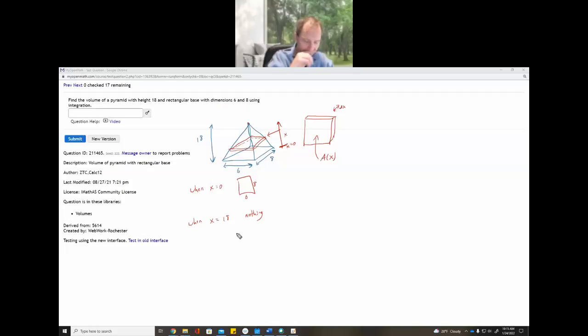So how do I write that? When x is 0, I get my full 6 by 8, and the area there is 6 times 8, or 48. When x is 18, my area is 0. And we're just going proportionally up, right? So if I go halfway up, I'll be half the length and half the width.